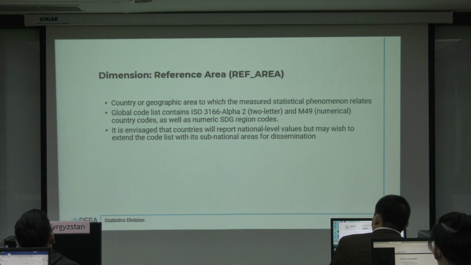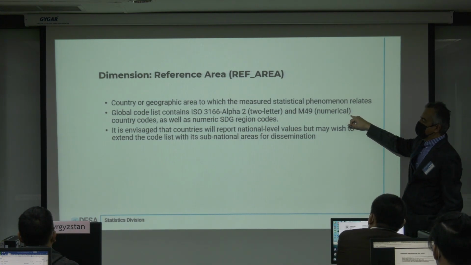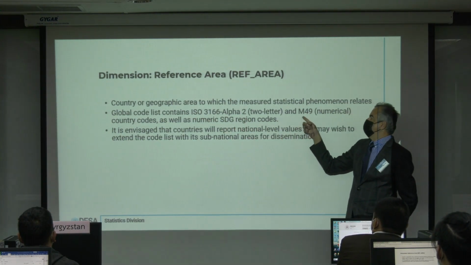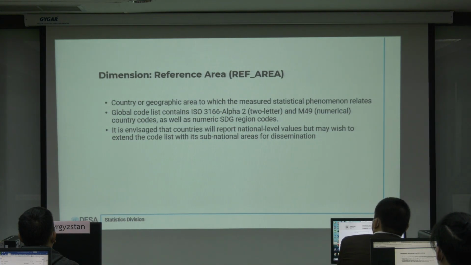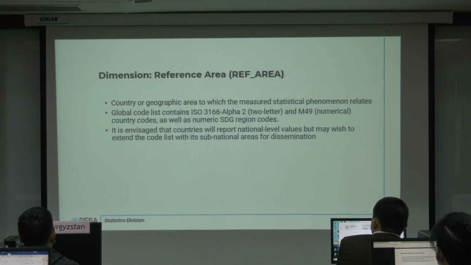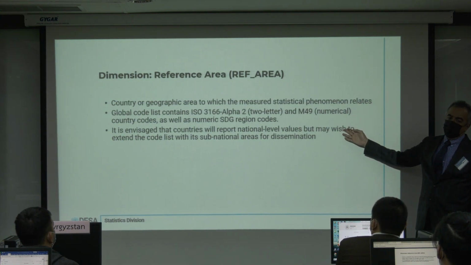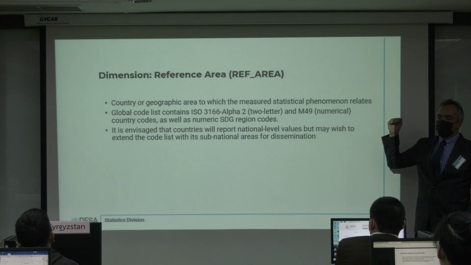Reference area, again, we've talked about that a lot. We don't have to go over it in detail. You can use alpha 2 or M49 codes. What's also important about the SDG global data structure definition is it only contains reference areas at national level or above.